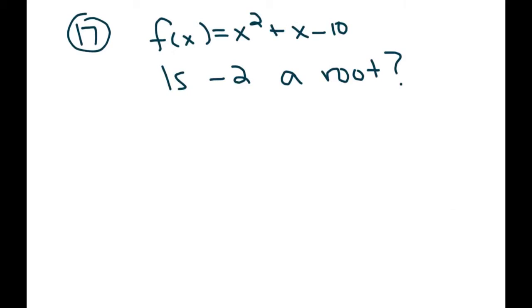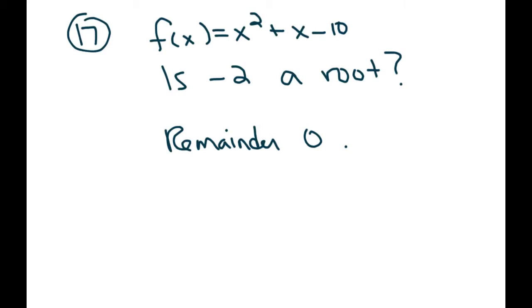To determine if something is a root of a polynomial or not, you want to know if its remainder is 0. So if negative 2 is a root of x squared plus x minus 10, then the remainder will be 0. And there are two ways of showing this algebraically.